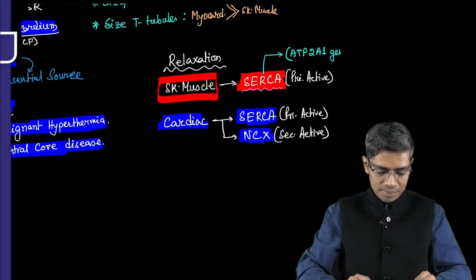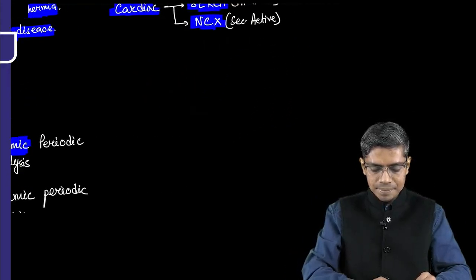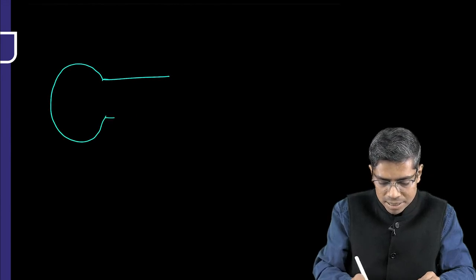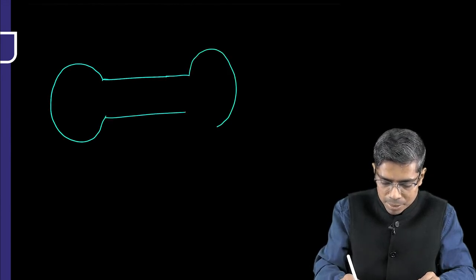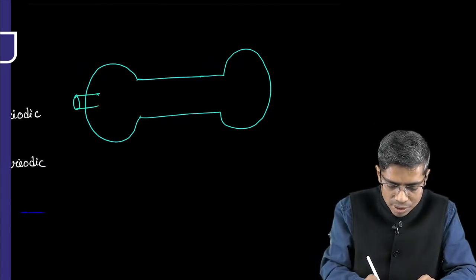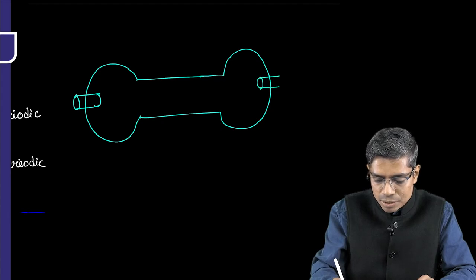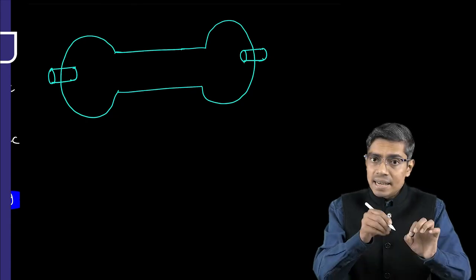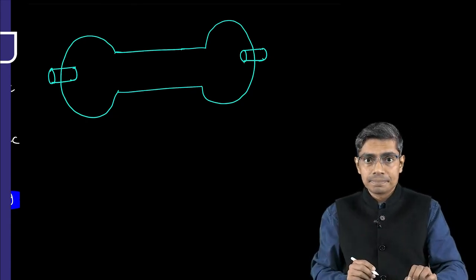Now the last thing before concluding this chapter, I am going to talk about another protein present inside the sarcoplasmic reticulum. This is a bigger version of the sarcoplasmic reticulum, and here is your RYR channel. There are certain proteins present inside the sarcoplasmic reticulum.